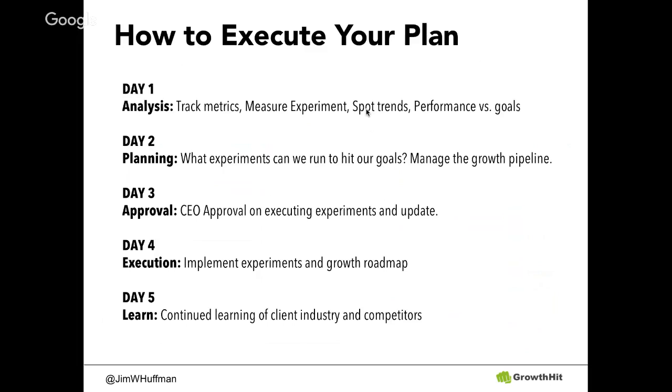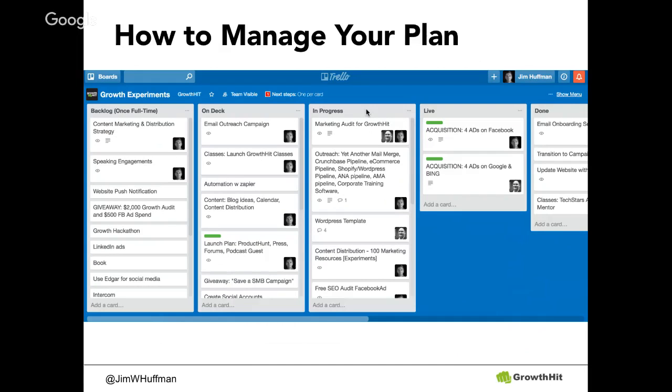And then day 5, this is the day where we actually like to learn by reading any case studies around our industry, or just see what people are doing that's innovative and new in the marketing space. And I pasted in an example of a Trello board we use as well, if you didn't want to use a spreadsheet, on how you can manage your plan.